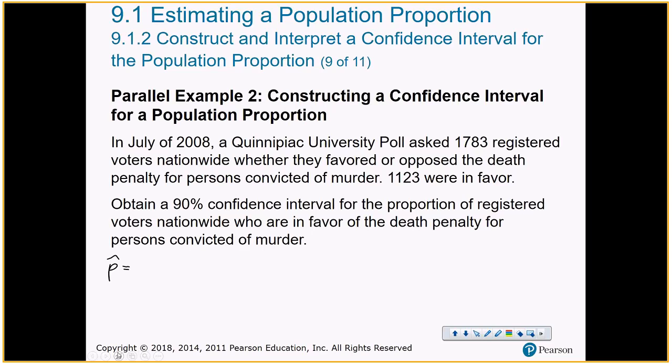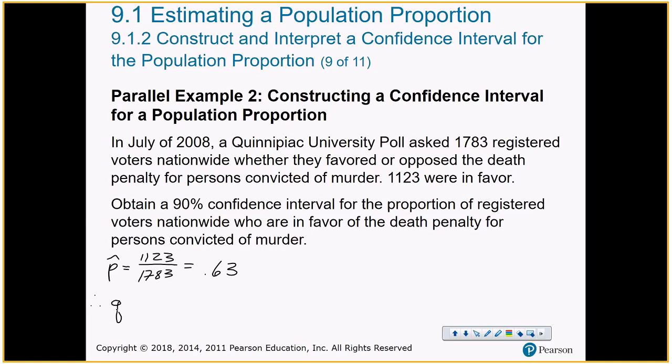And if you have to find P hat, that means you have to find what? Q hat. So P hat is equal to 1123 over 1783, which is equal to, somebody give me 2 digits, please. Is it 0.63 or something like that? I got 0.68. Oh, 0.63, I'm sorry. 63.